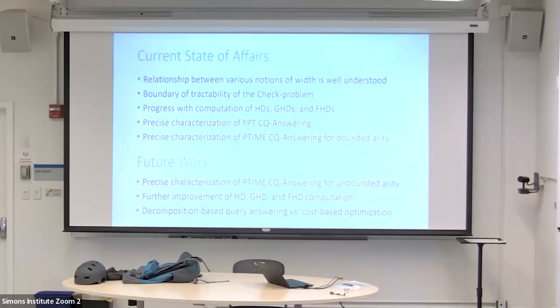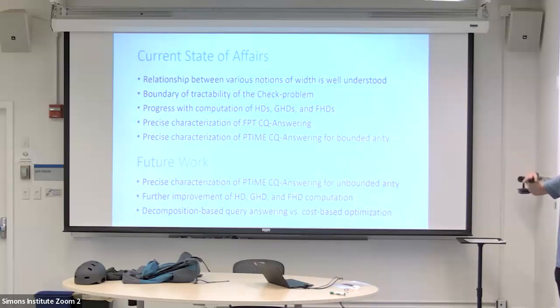So, to sum up, what have we seen? The relationship between various notions of width, I think, is well understood. We have seen the boundaries of tractability of the check problem. Progress has been made with computation of HyperTree decompositions, generalized HyperTree decompositions, and fractional HyperTree decompositions. There is also quite some work by another group at TU Wien, by Stefan Seider's group.